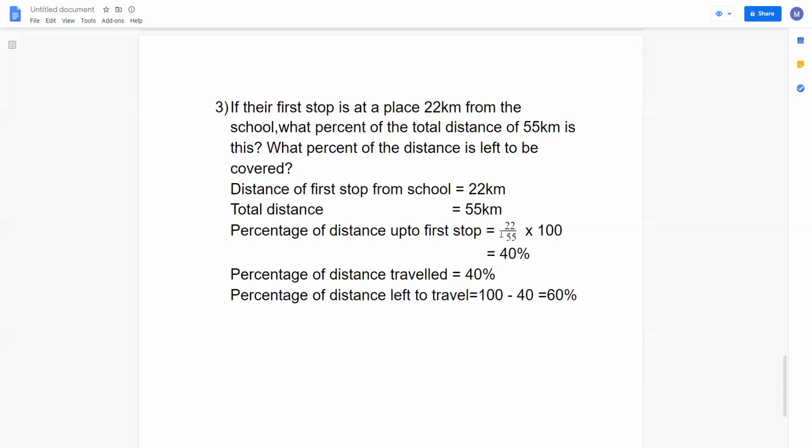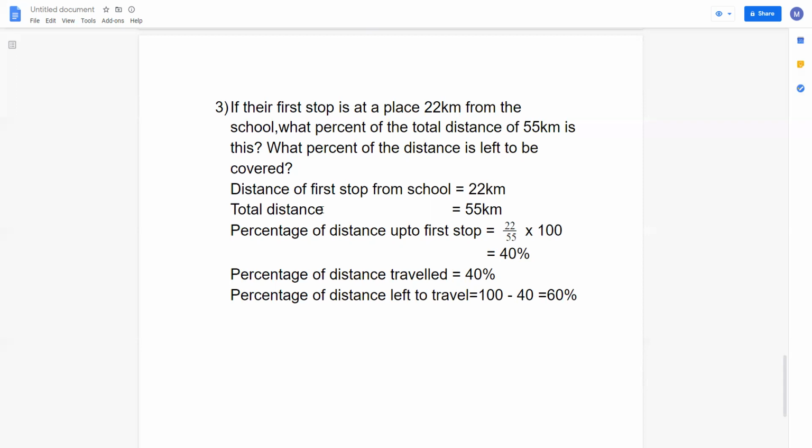So the fraction is 22 out of 55. To get percentage, we have to multiply it by 100 and calculating, you will get 40%. That is, after reaching the first stop, they have traveled 40% of the total distance.